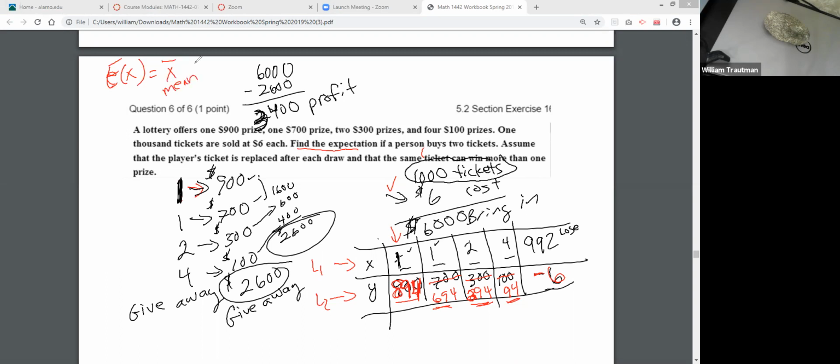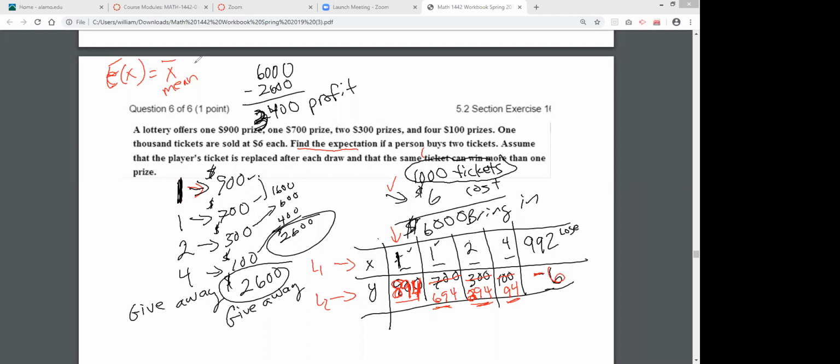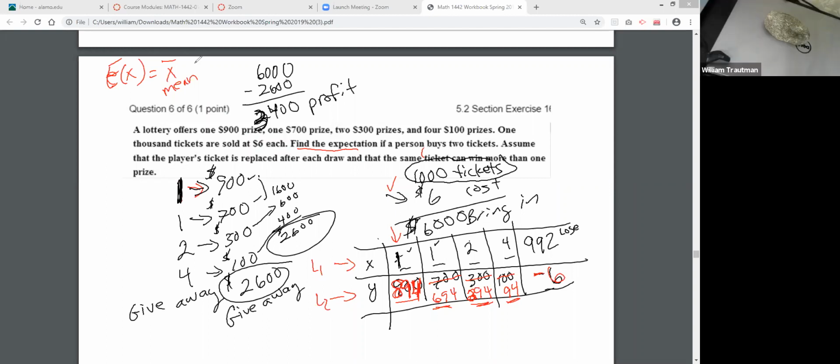So we're going to do stat, vars number 1, stat calculate, 1 var stats, L1, L2. And something went wrong with my calculator. Mine did the same thing. Let's see what I did wrong. Stat calculate. Oh, it's got to be in our list.